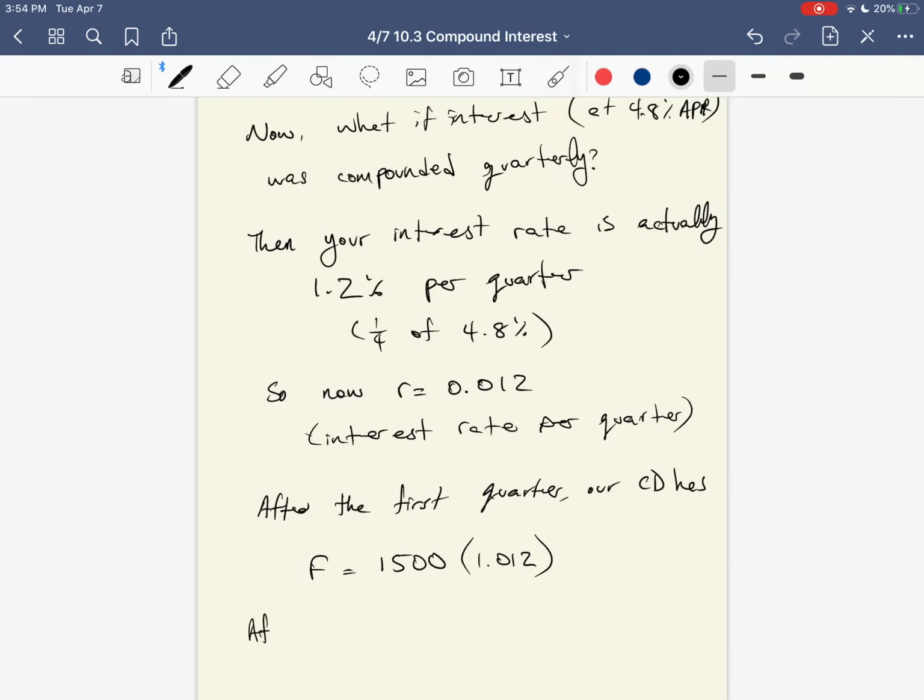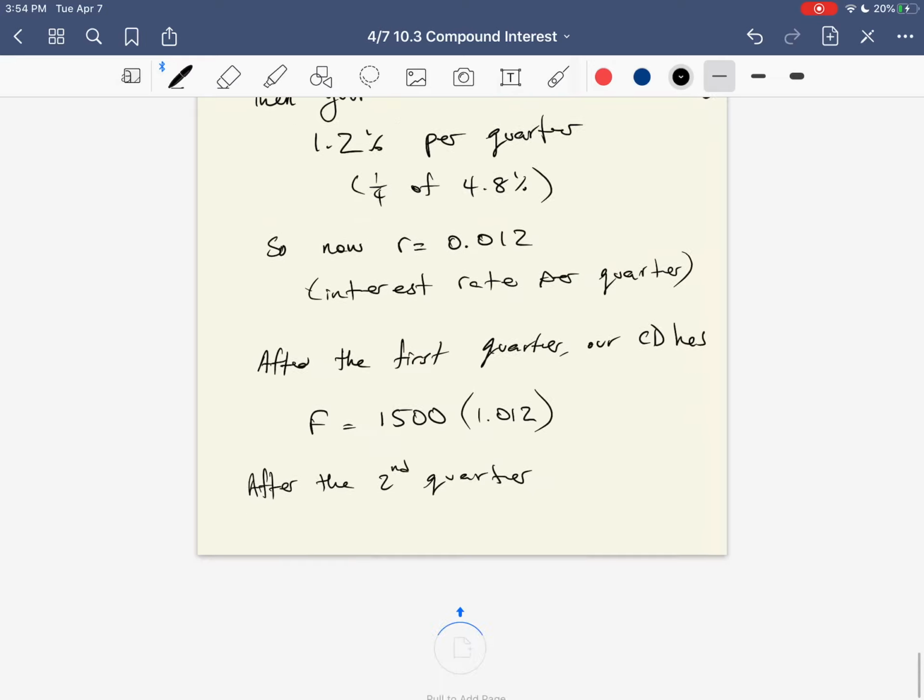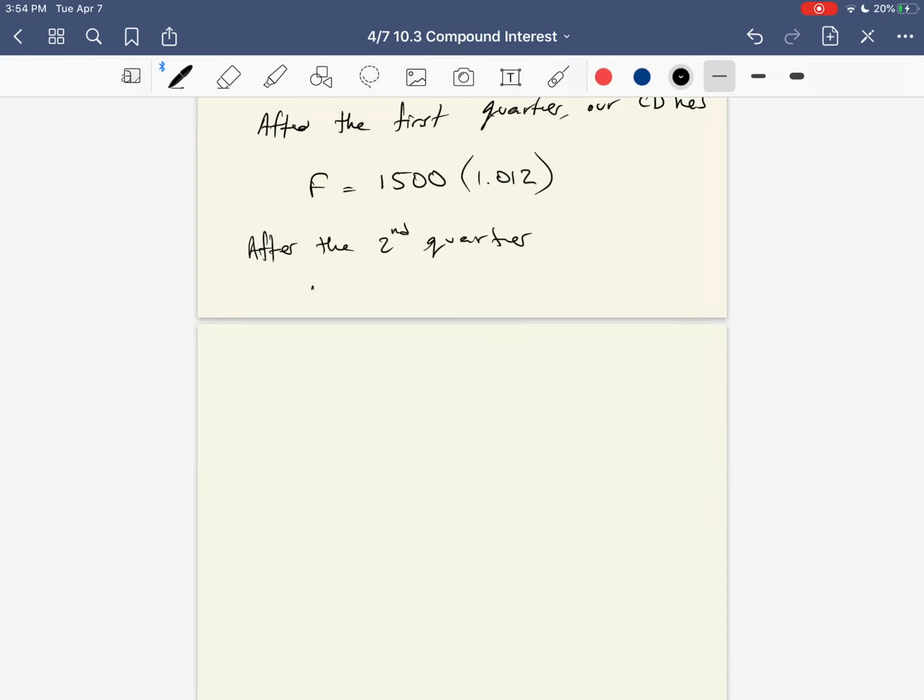So after the second quarter, F is going to be 1,500 times 1.012. That's your first one, multiplied by 1.012.